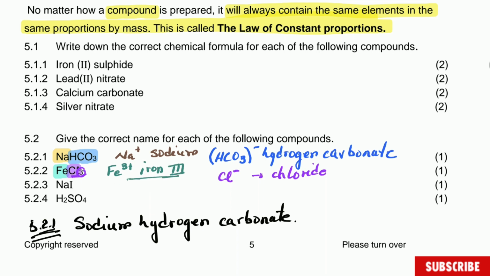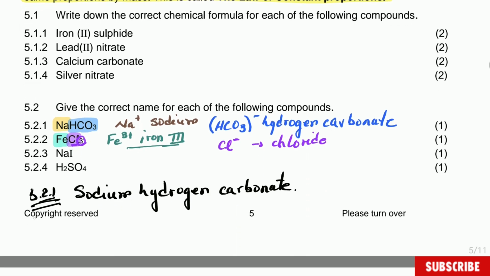And then the name of this compound all together, we're going to write it here for 5.2.2, is going to be iron 3, the 3 must be there, iron 3 chloride. And that is the name of that specific compound.